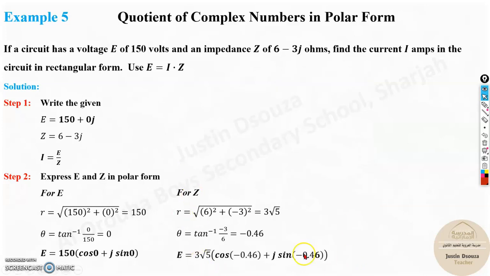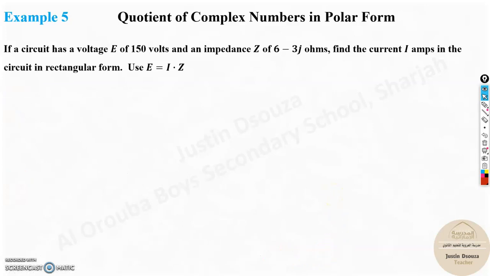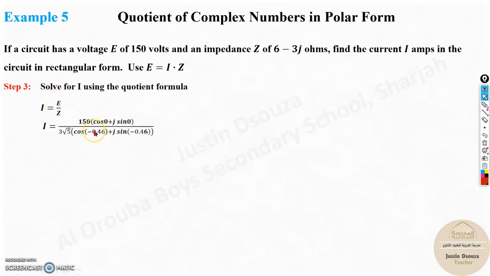Next, write it in the polar form. That is the radius times cos theta plus i, or now in this case it's j, the imaginary part, j sin theta. Okay, what next? Now we need to find the division between E and Z, right? Let's do that. So divide them. 150 is the R1, 3 root 5 is the R2.